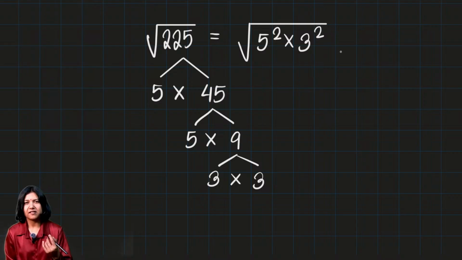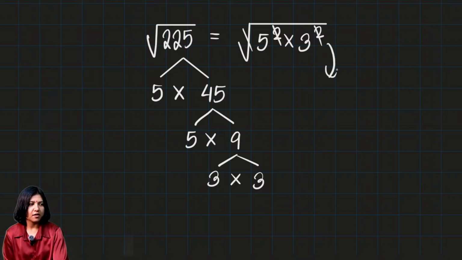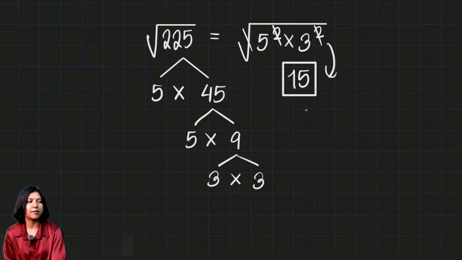These are examples of inverse operations. So dividing by 3 and multiplying by 3 does not affect the result. Similarly, square and square root always cancel out, giving you what you have inside, just 3 times 5, 15.